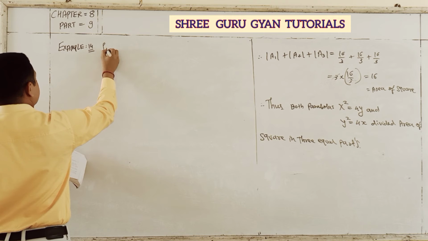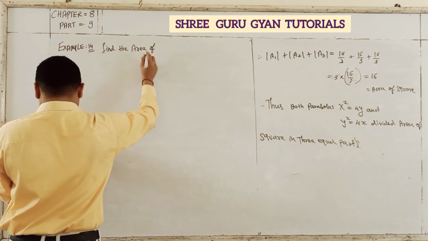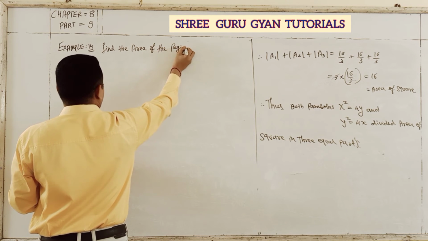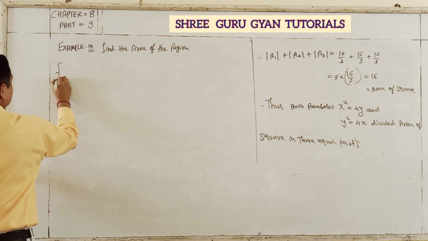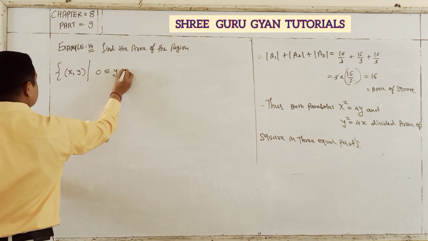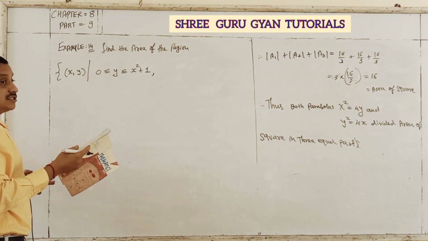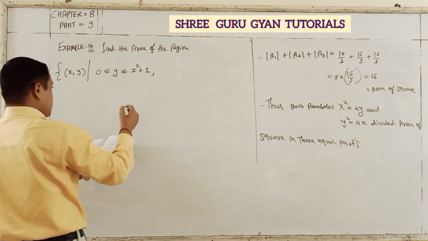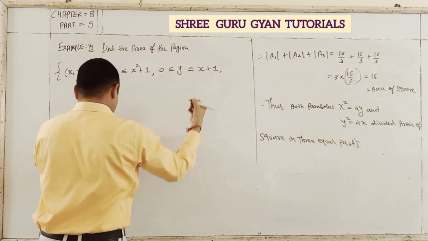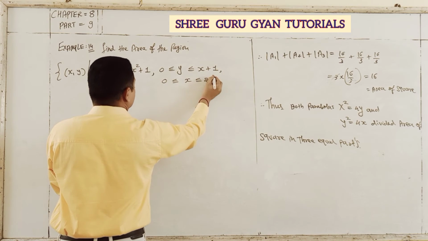Find the area of the region {(x, y) such that 0 less than y less than x square plus 1, 0 less than y less than x plus 1, and 0 less than x less than 2}.